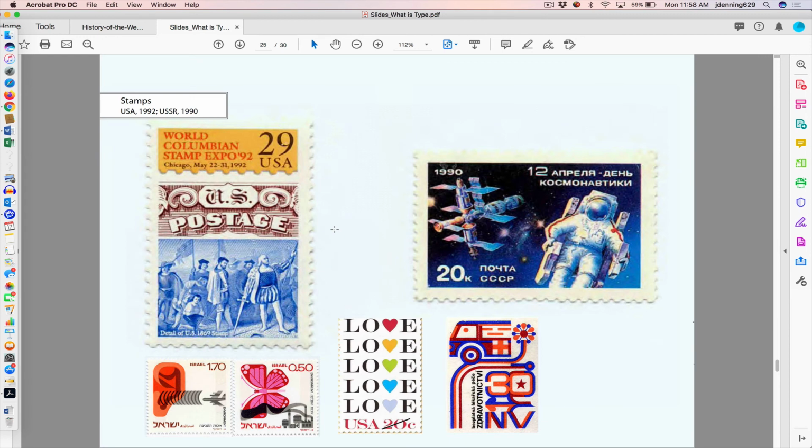Stamps, if you ever get a chance, look at stamps, because they're really small, they're usually really ornate, they can be very beautiful, and the type has to be legible and visible. So it can be a challenging project. And so there's a lot of really beautiful, amazing design that goes into these stamp designs. And so here's some examples of that.